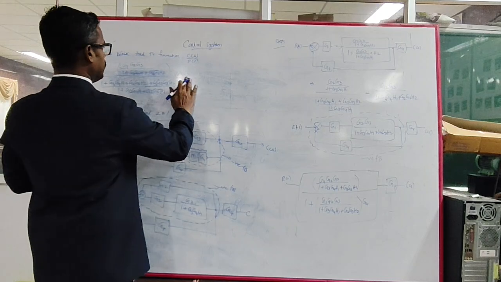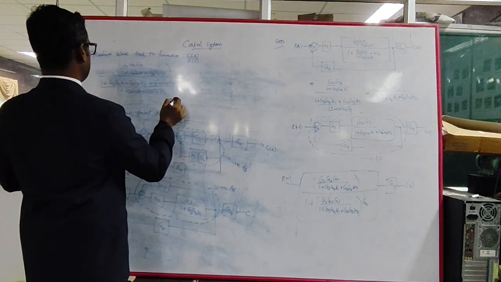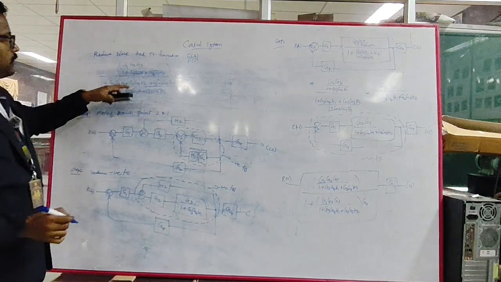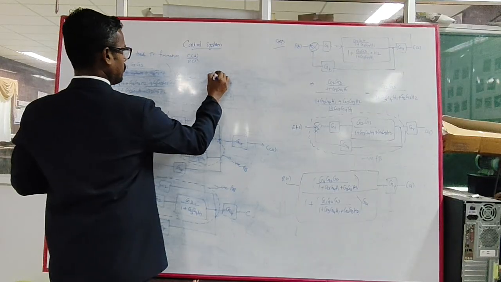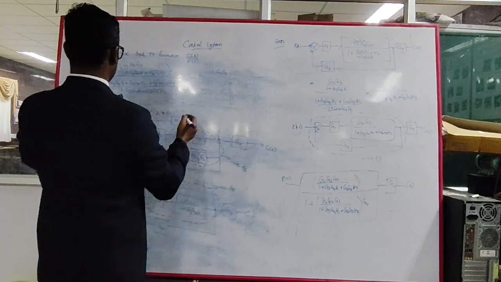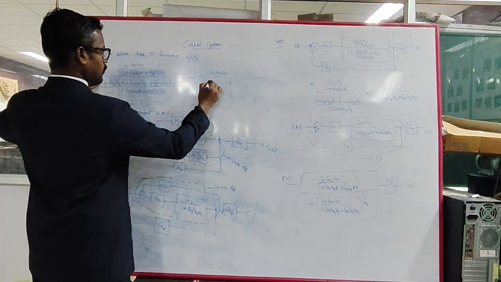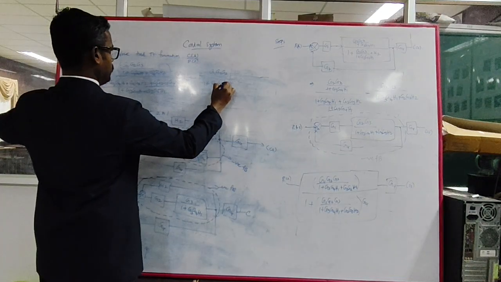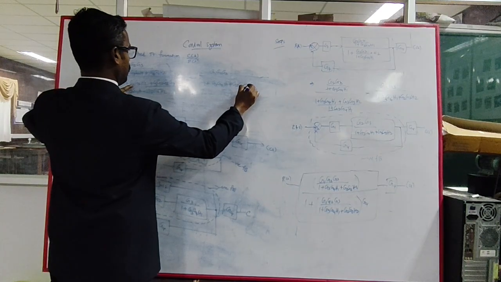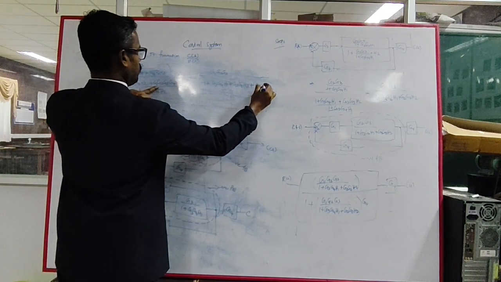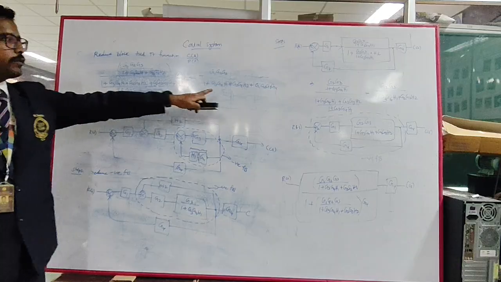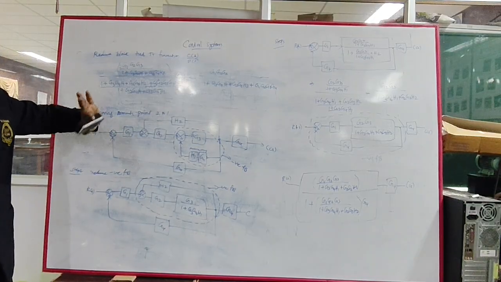So we will get G1 G2 G3 the whole divided by the denominator transfer function 1 plus G3 G4 H1 plus G2 G3 H2 plus G1 G2 G3 G4. The other two denominators will get cancelled out.